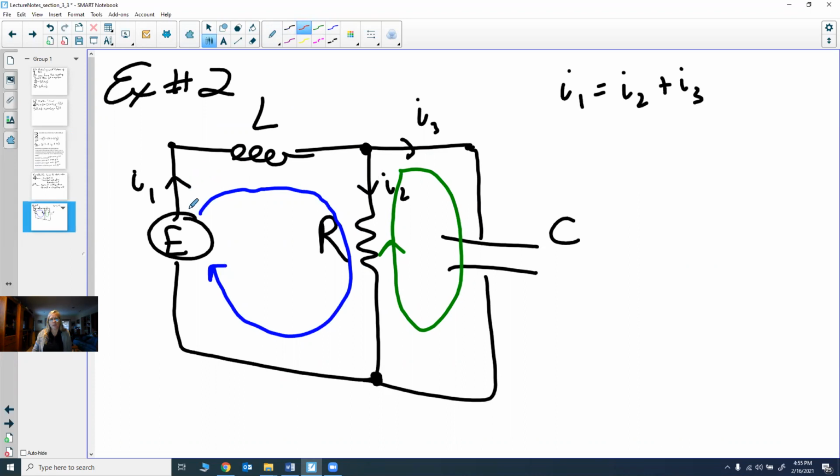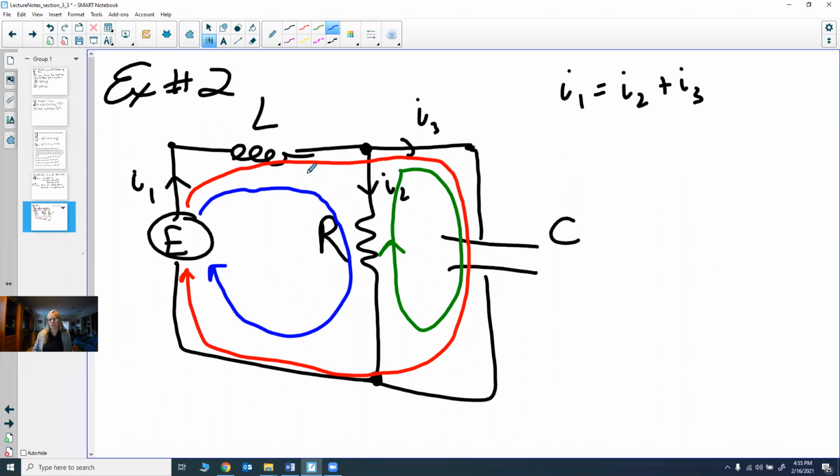It doesn't matter which one you do. We can come out of E, come all the way around and go through this capacitor, and then come back to E this way. So there are 3 different loops we can look at. We're going to pick either one of these 2. We do need to look at 2 loops because we do branch off with 2 of them, so we have to include both of those.